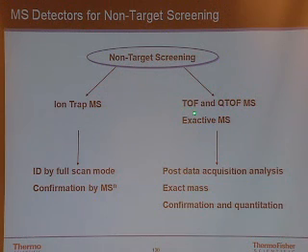Some laboratories are using time-of-flight mass spectrometers. Some are using QTOF. QTOF is a quadrupole analyzer that's put just in front of a time-of-flight mass spectrometer. And the reason is to filter out the ions of interest so that the time-of-flight mass spectrometer gives you cleaner spectra.